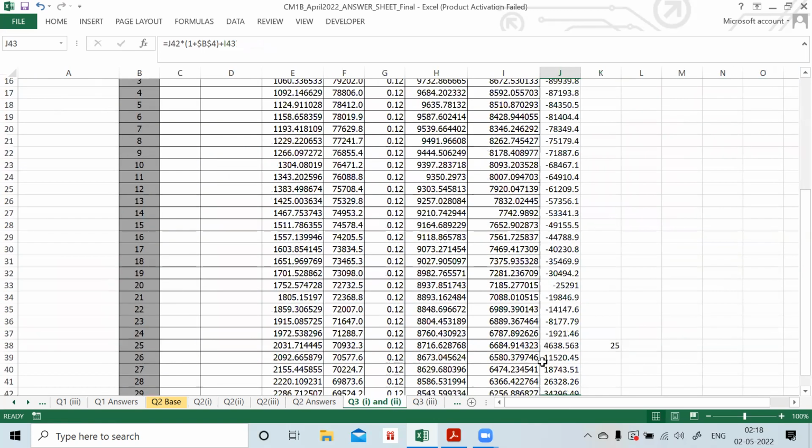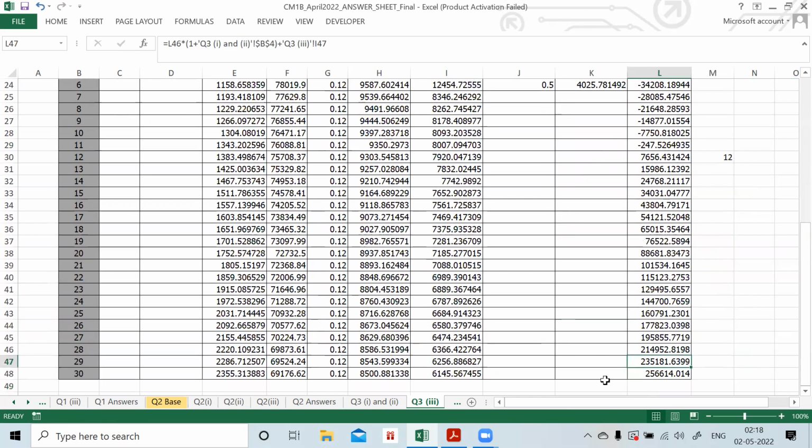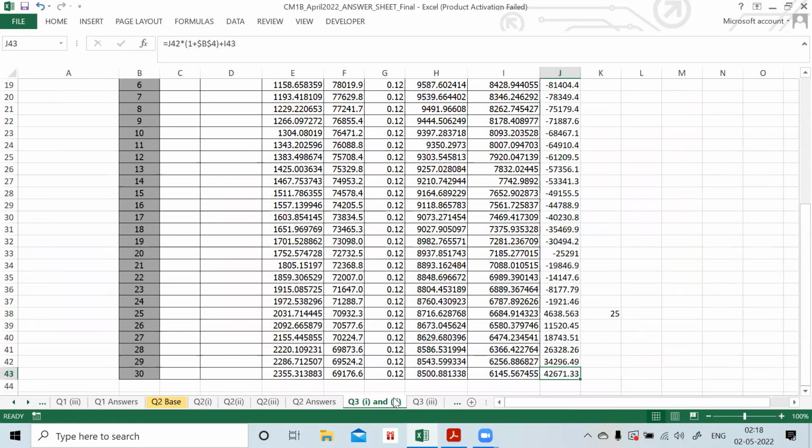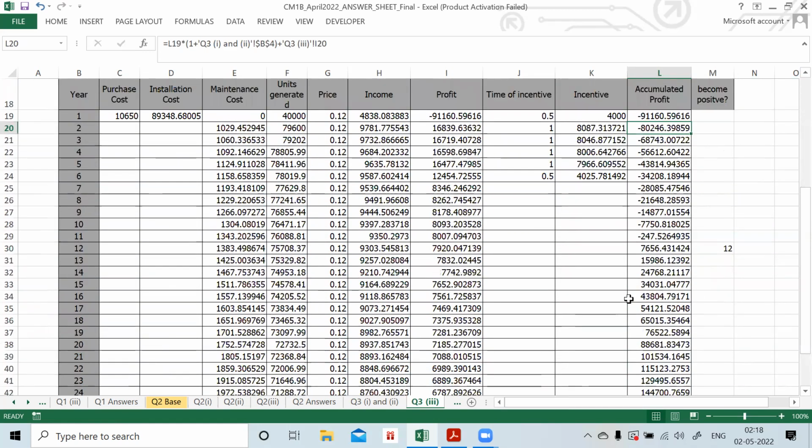If you see, total profit accumulated as such will also increase: 256,614 and here it's 42671. Okay. Then this is adjusted over here. Incentive is added over here in the cash flow.